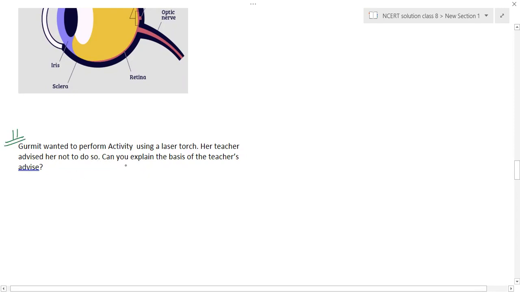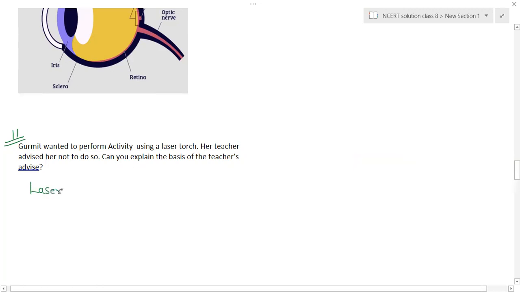Gurmeet wants to perform an activity using a laser torch. Her teacher advised her not to do so. Can you explain the basis of the teacher's advice? Why would a teacher stop you from doing an experiment? We stop you because laser light is harmful for the eyes. Please understand that the teacher's advice is for your own good.